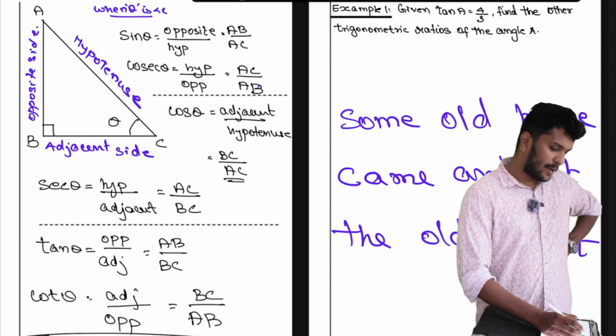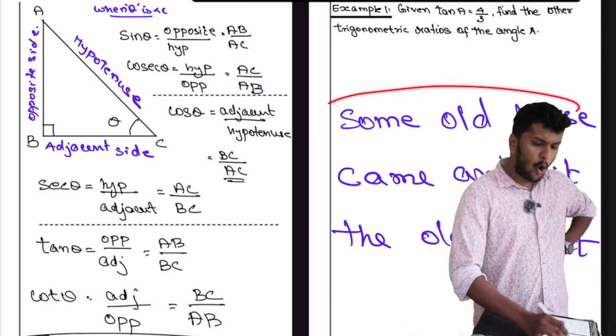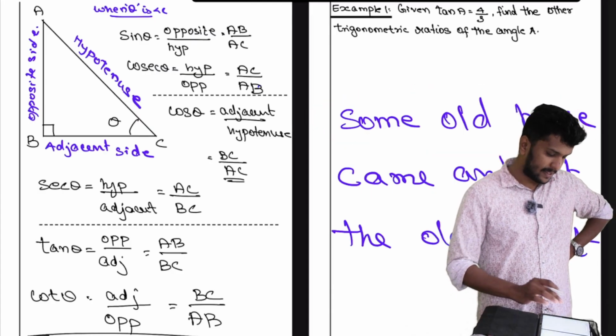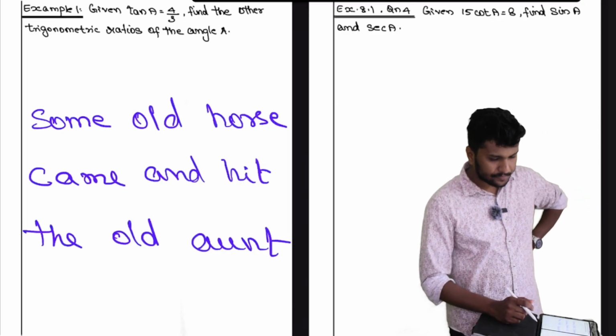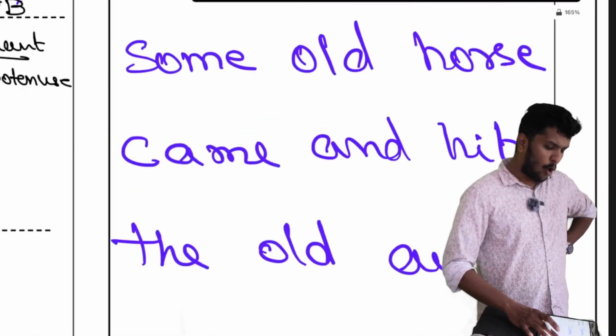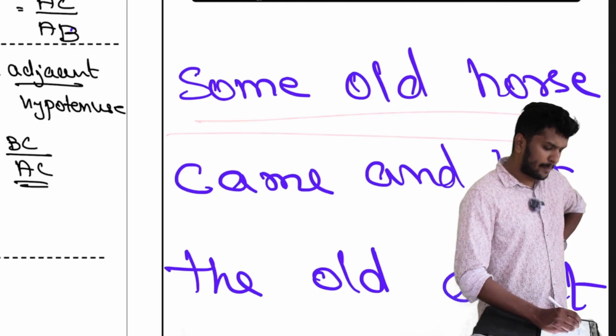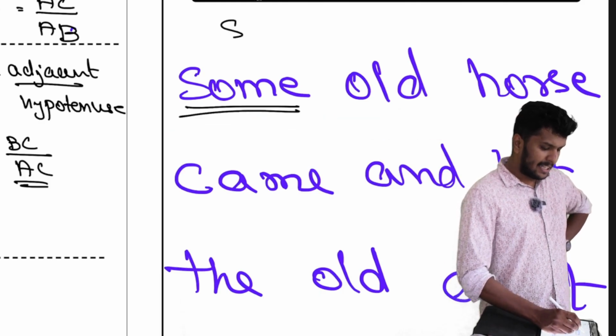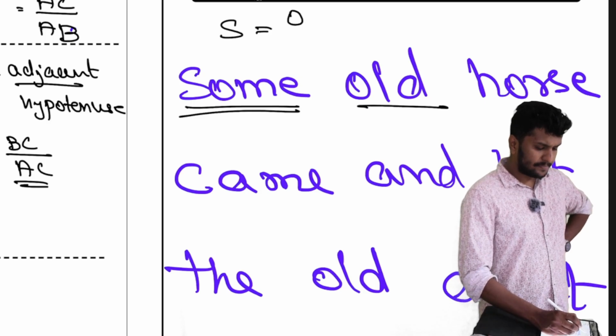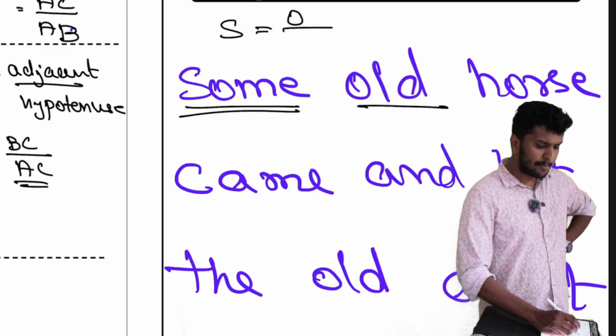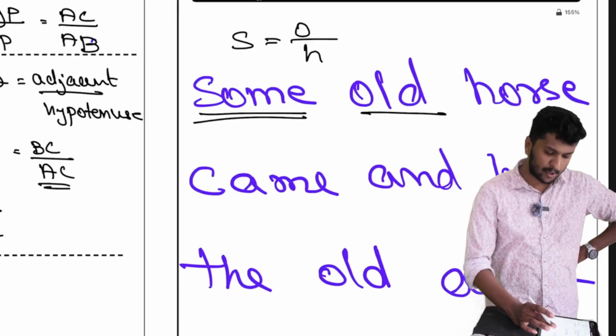Look here, some old horse represents what? Some represents sin, old represents opposite, horse represents hypotenuse. Sin theta is equal to opposite by hypotenuse.